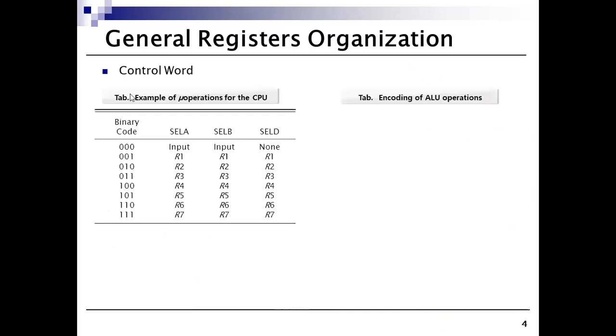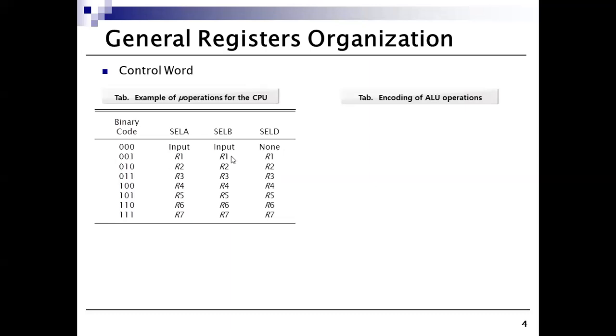This is the control word, and we will see examples of the micro operations. This is the binary code. 000 means input. 001, R1 register is selected, as I mentioned earlier. Similarly, 111, R7. Similarly SELB, and coming to SELD, if it is 000, none of the registers' load will be activated and the result is accepted by your output module.